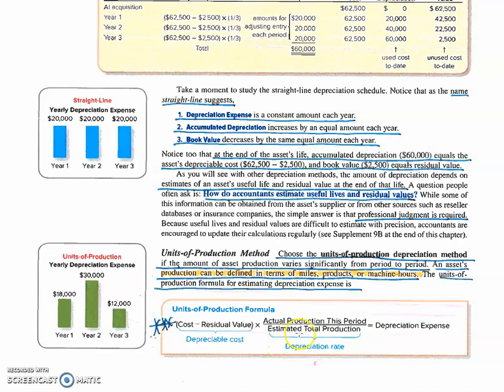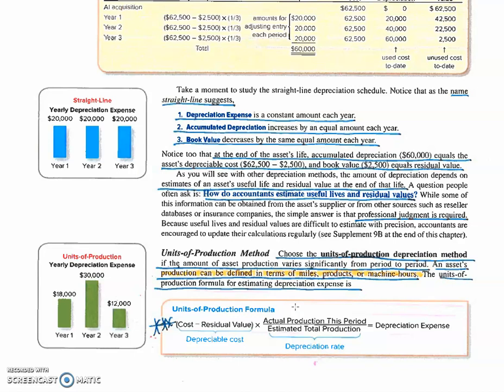So the units of production that are used can be measures of input or output. Mileage would be a measure of output. Sometimes we do it based on, for example, machine hours, number of hours the machine was run. That would again be a measure of output. If you're trying to think, well, what would be a measure of input?